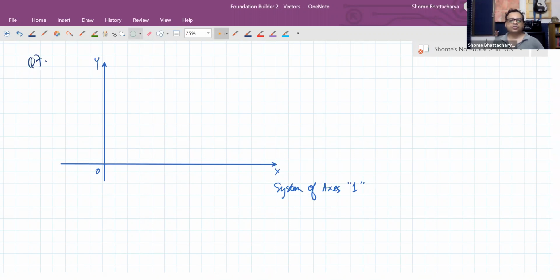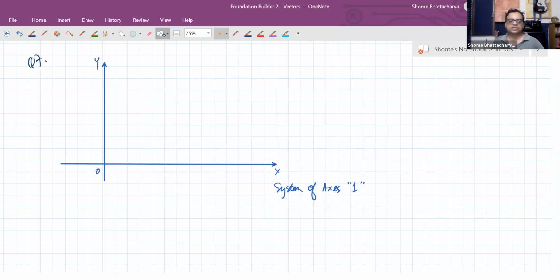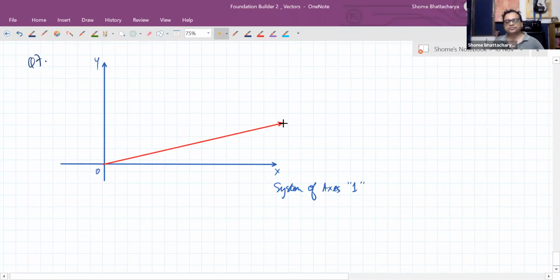And then for whatever reason, I'm also using a second system of axes, or maybe some second observer other than me is using a different set of coordinate axes. So they are using axes which have a different orientation. So let's say their x axis and y axis are like this. So this is still perpendicular to each other, but these are the x prime and y prime axes, where this angle suppose is alpha, so this angle is also alpha.